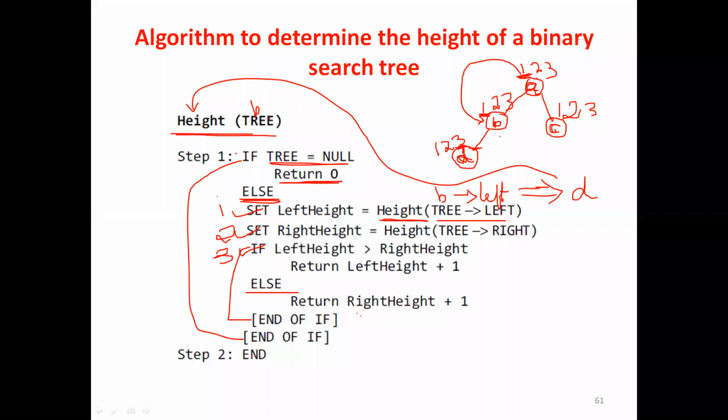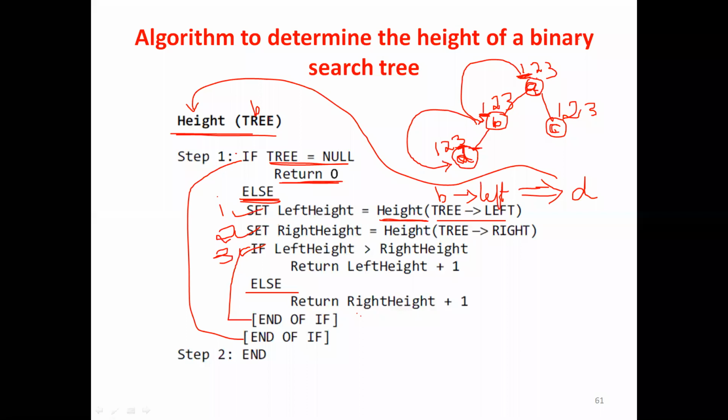Step 1 of node B is not completed. Step 1 of node A is also not completed. It is in process. So it's going directly to D. I'm drawing the arc like this. It's going to D.